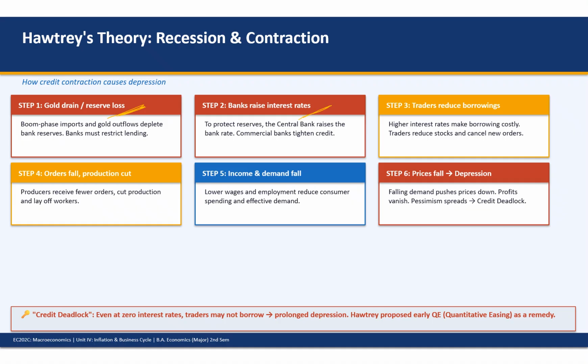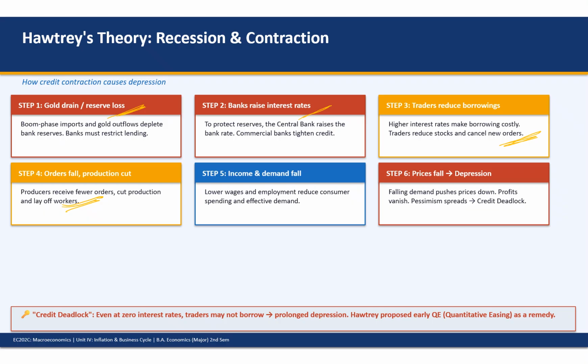Once borrowing becomes costly, the traders reduce borrowing, cut down their stock holdings and cancel new orders. This immediately affects the producers, who receive fewer orders and reduce production.